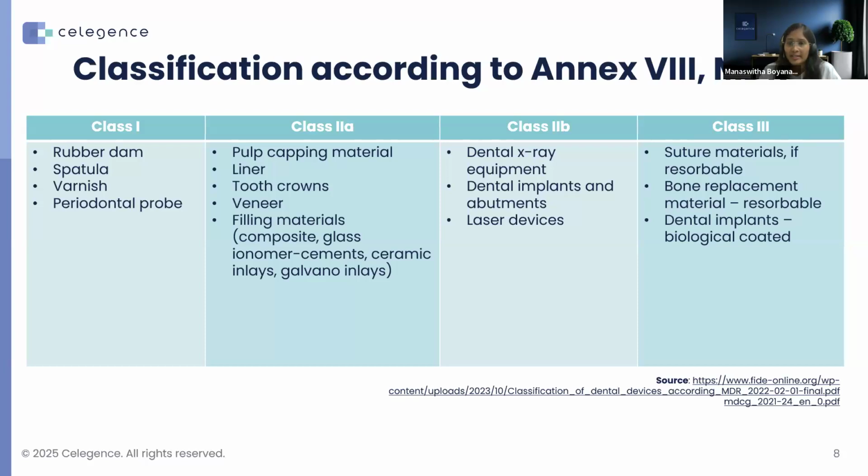The classification of dental devices has changed under the MDR compared to the MDD framework, which was present earlier. As per the Medical Device Coordination Group document, MDCG 2021-24, these are the examples. For example, class 1 devices are rubber dam, varnishes, spatulas, periodontal probes, and class 2 are dental fillings, tooth crowns, liners, whereas dental implants and their abutments are class 2B.